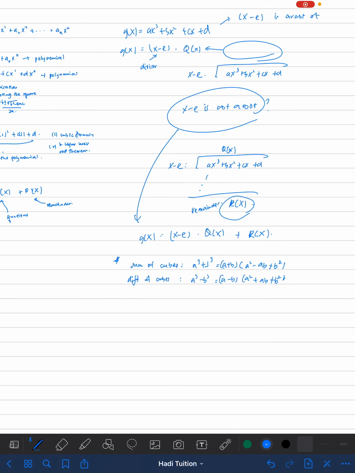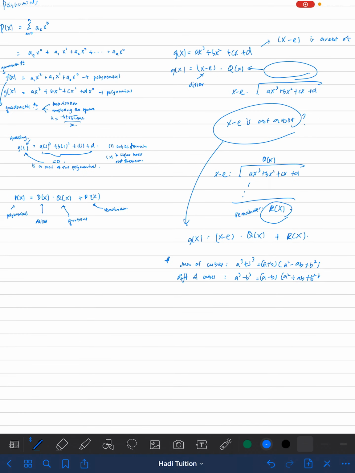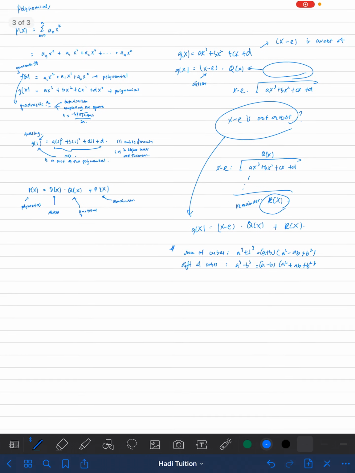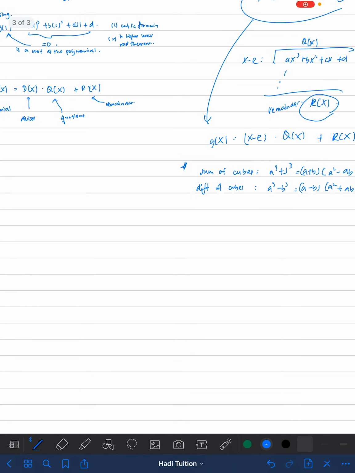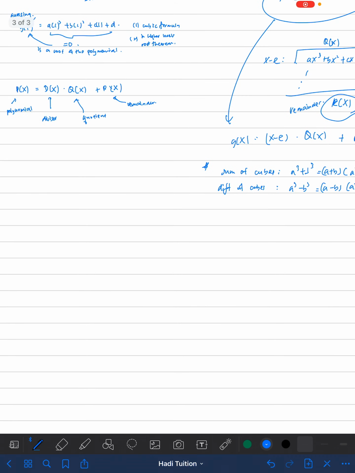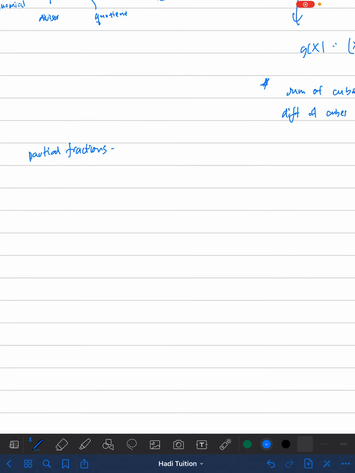Finally, the use of it is explicitly in partial fractions. Partial fractions has three forms.